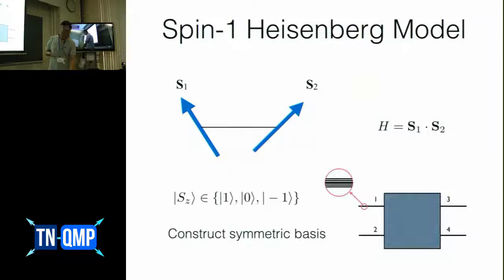So let's talk about symmetry. If I want to write down the two-site Hamiltonian for the spin 1 Heisenberg model, this will be my tensor. Okay, and these are all physical legs. For each leg, I'll have this basis. Okay, but just imagine that you want to construct a symmetric basis.